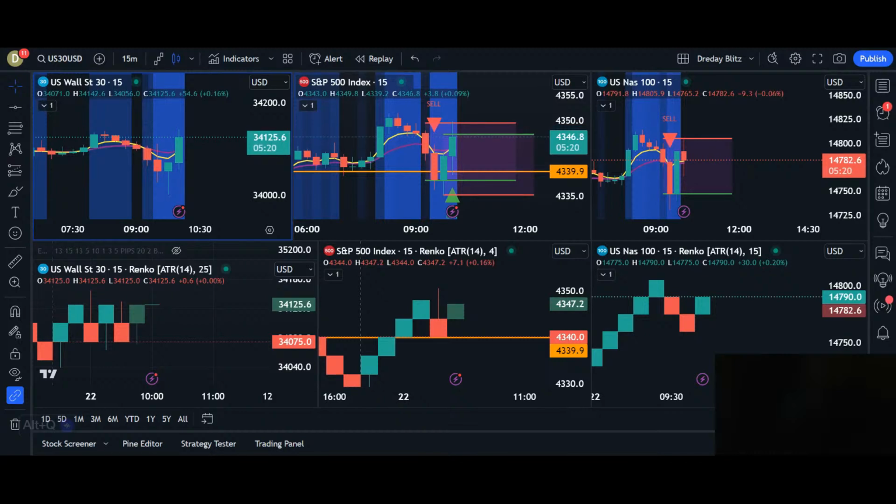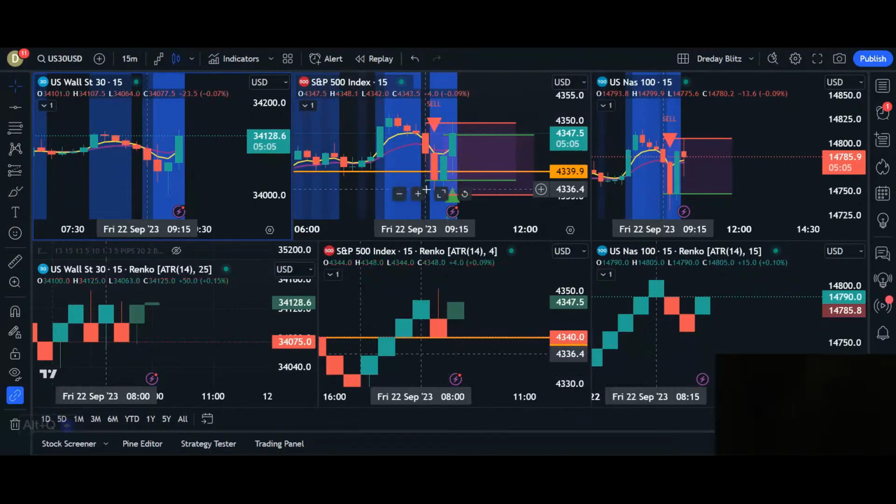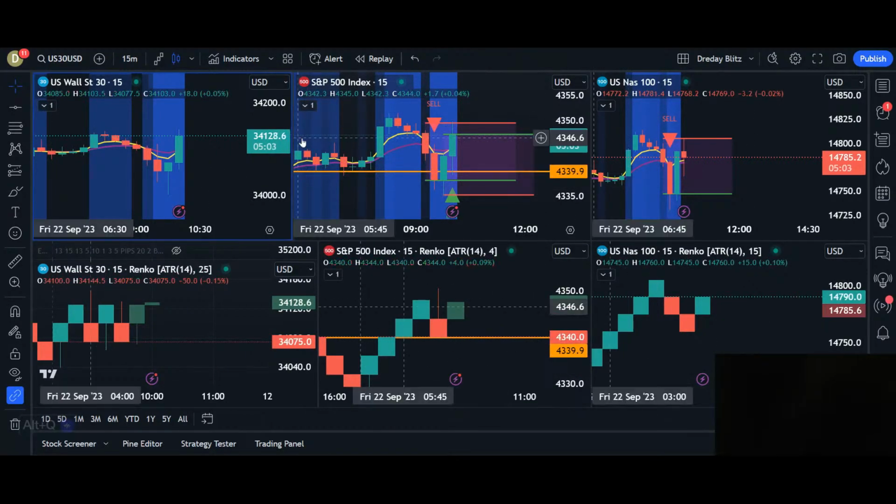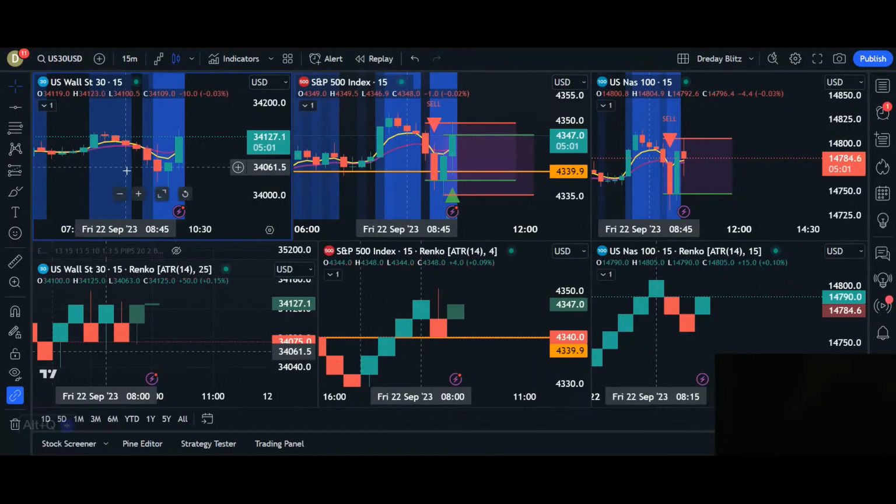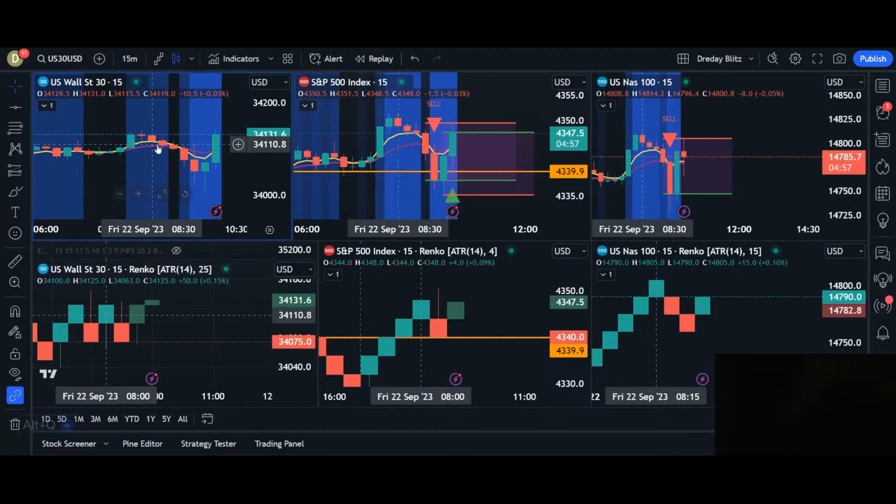So less than 6 minutes until the next candle. So we did have a buy signal here on S&P 500. We did have one on US 30 on that candle.